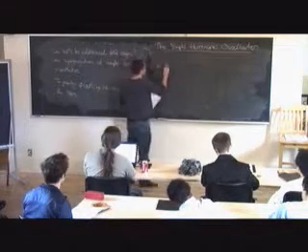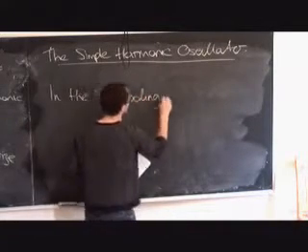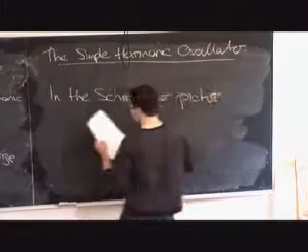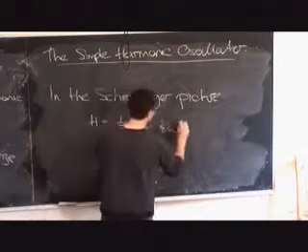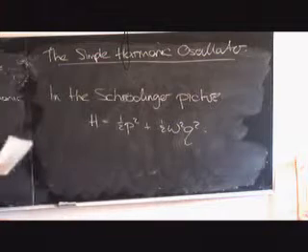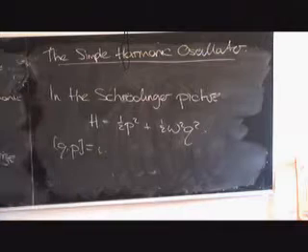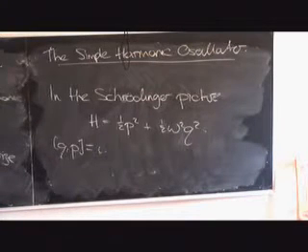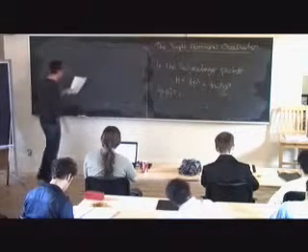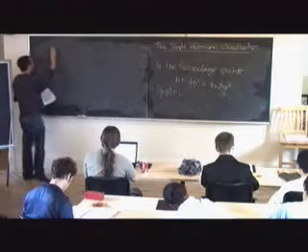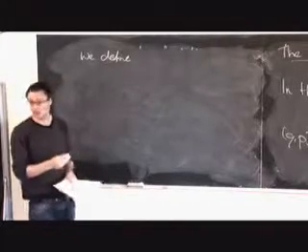So in the Schrodinger picture, this is the harmonic oscillator Hamiltonian, and Q and P are operators now which have familiar commutation relations. And to find the spectrum, what we do is we define these nice creation and annihilation operators.